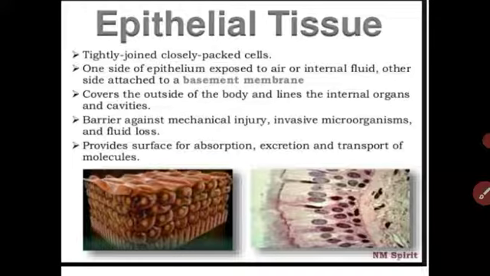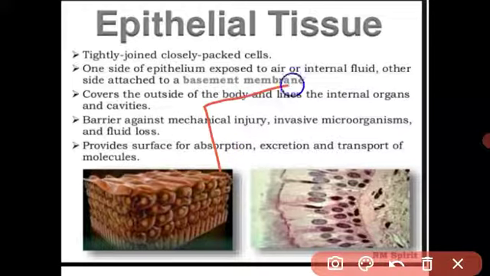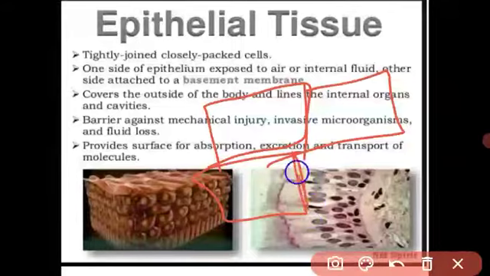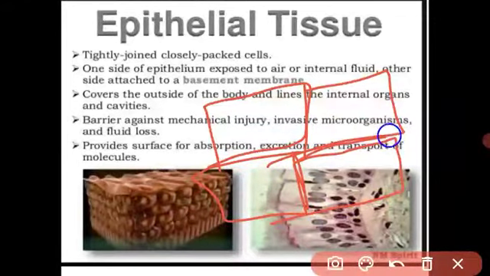This tissue lies on the basement membrane. They are a barrier against mechanical injury. They provide a surface for absorption and secretion. They transport molecules, and the epithelial tissues are closely packed to each other, meaning there is no intercellular space between two cells.